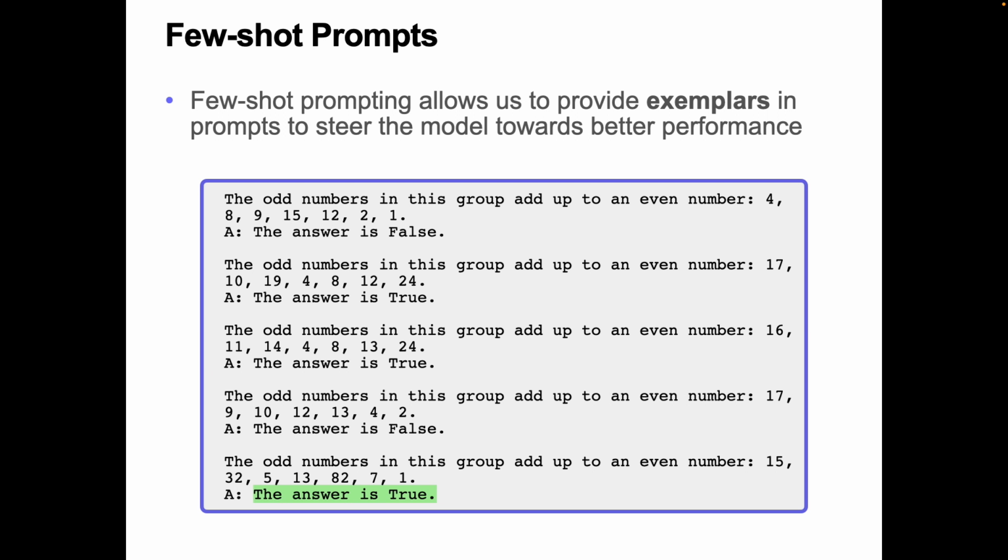A very important concept in prompt engineering is what is called few-shot prompting, and this allows us to provide exemplars in prompts to steer the model towards better performance on different tasks. You can see in this example that we are providing the model some demonstrations. By doing this, we are giving the model some idea of what the task is about.